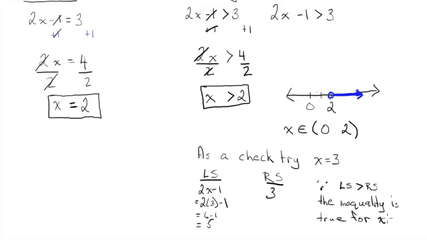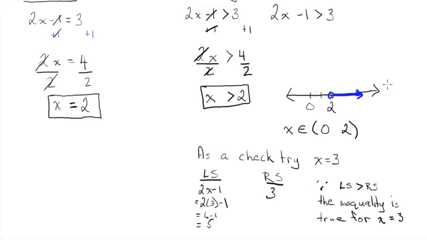We only actually tried one value, x equals 3. Obviously there are a lot of numbers bigger than 2 that you could check, but you're only going to be able to check, at most, a couple. Assuming all the steps went right, checking one point in this interval is probably good enough.